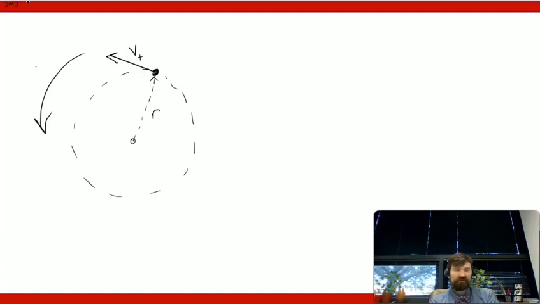Now, if I redraw this, and instead of imagining it to be an entire wheel spinning about a given point, I just imagine this to be uniform circular motion of this dot moving around the axis of the wheel, where this is V_t, this is r, and this rate of revolution is omega, what I've just found is the translational kinetic energy for this one piece, 1/2 m r squared omega squared.